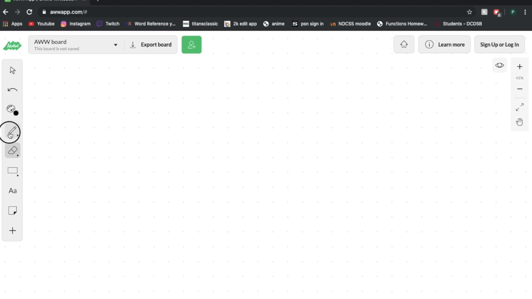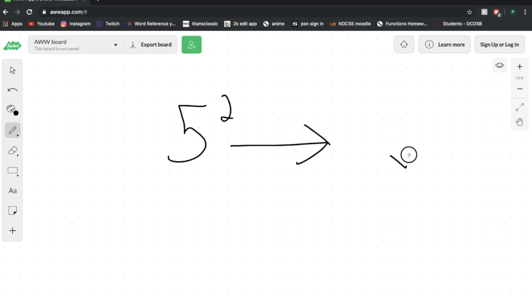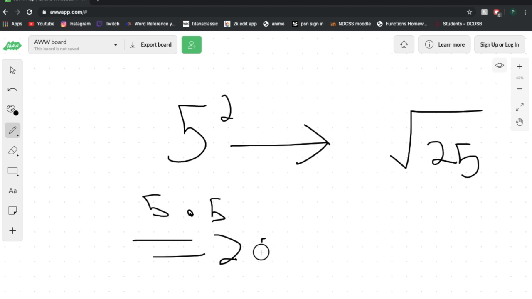When we're talking about exponents, and using this new exponent law, you are looking at the inverse of exponents, which is a root. For instance, if you have 5 to the power of 2, the inverse is the square root of 25. As you know, 5 times 5 is equal to 25.